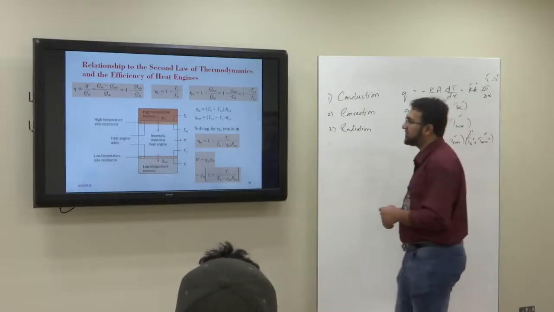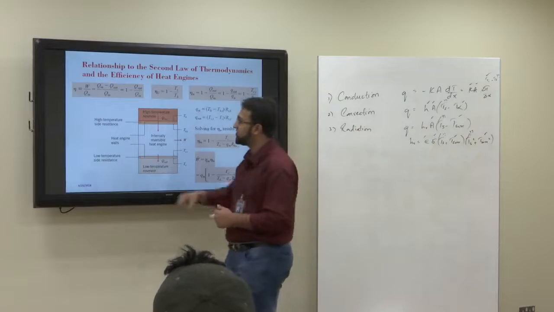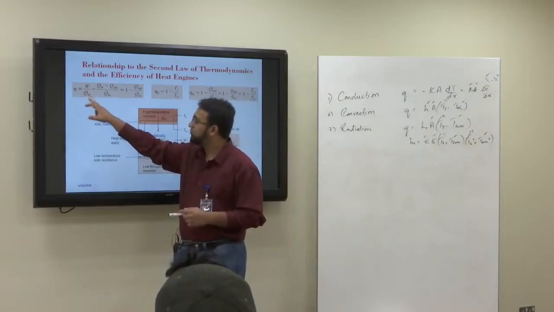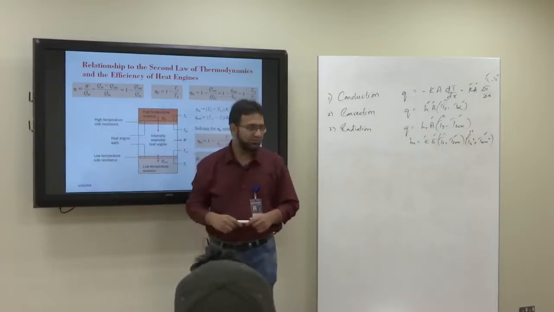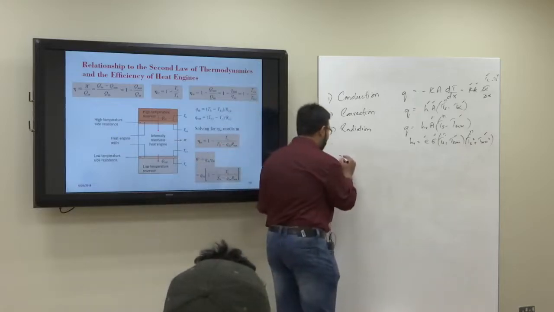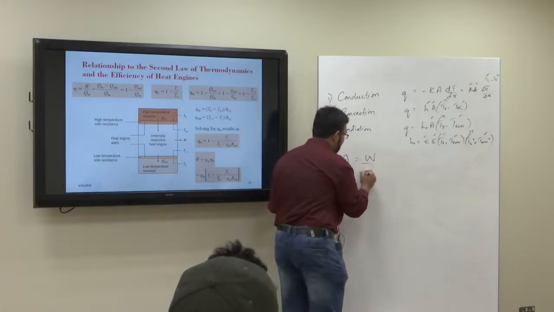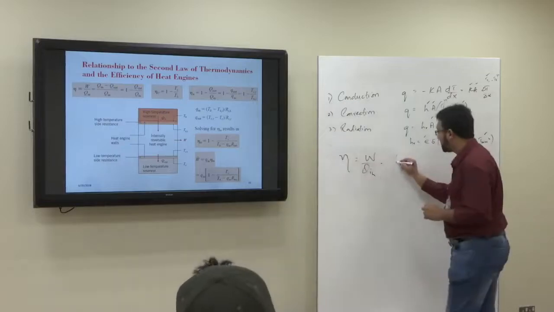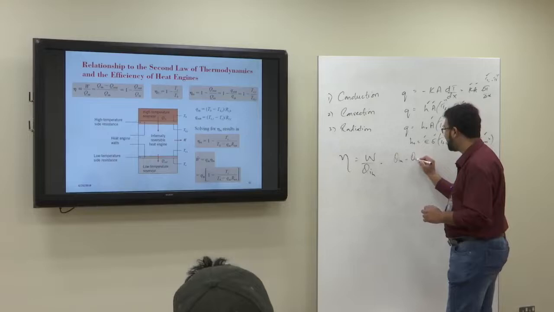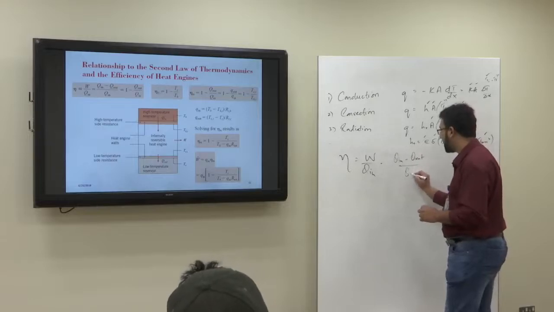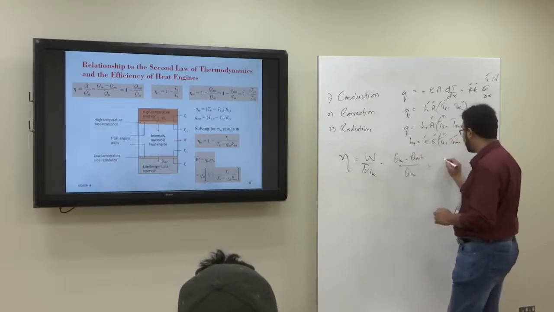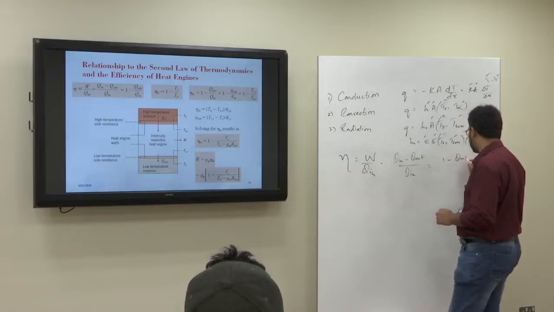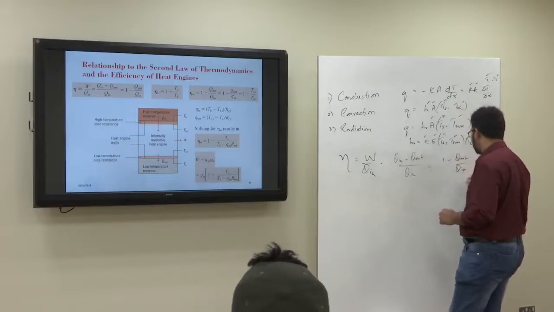You know that the efficiency of a heat engine is work output over Q in. You remember that? Or we can write it as Q in minus Q out over Q in, or 1 minus Q out over Q in.